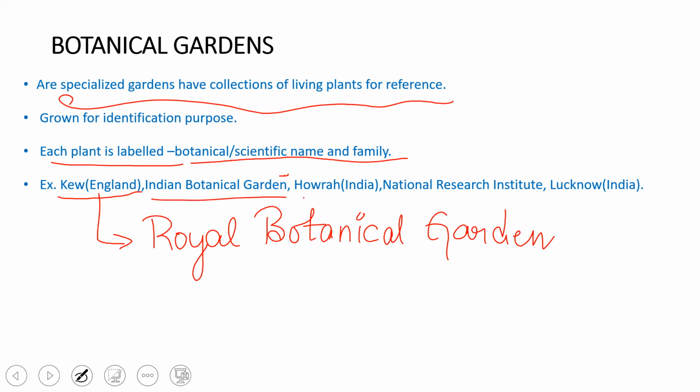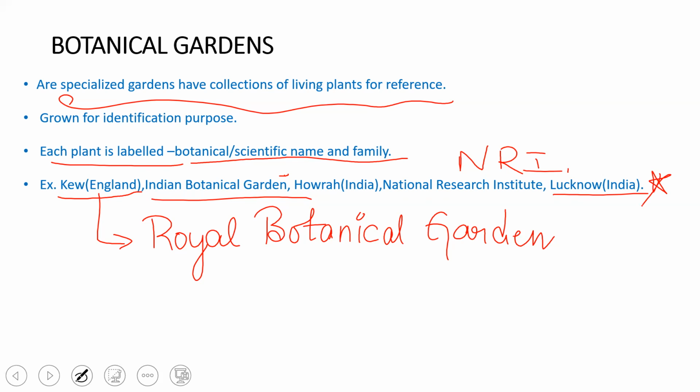Then comes the Indian Botanical Garden, which is in Howrah, that is Kolkata in India. Then comes the National Research Institute, we can call it NRI, in Lucknow, India. So these are the three important botanical gardens. I hope whichever place you are in, you will know a lot of botanical gardens here and there, but these three are the important botanical gardens which have to be remembered. So this is it regarding the botanical gardens.